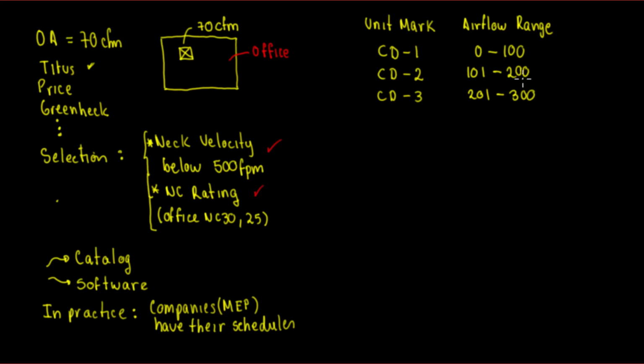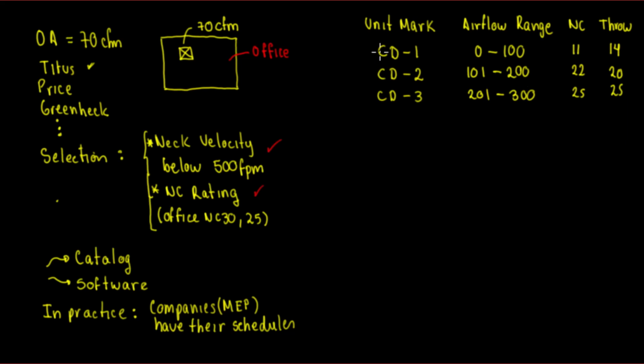The airflow range is in CFM, and then we're going to have the maximum NC level, the throw, and the manufacturer. For example, the NC level is 11 here, 22 here, and 25 here. We're just giving an example of a pre-built schedule.